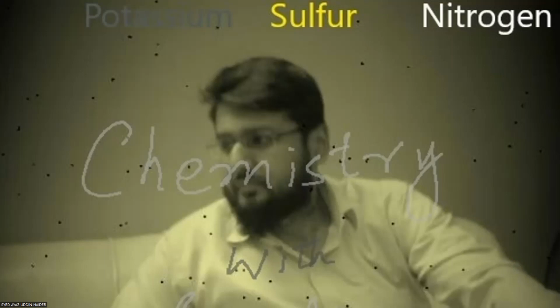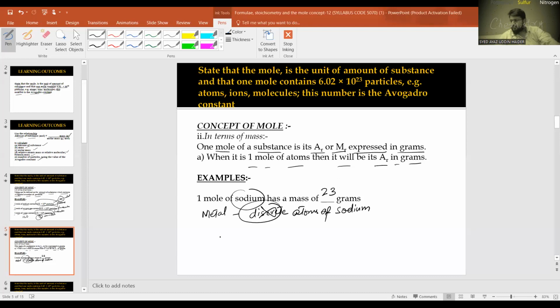So then I will say that 27 will be considered as 27 grams. 1 mole of aluminium, Al is the symbol, has a mass of 27 grams.